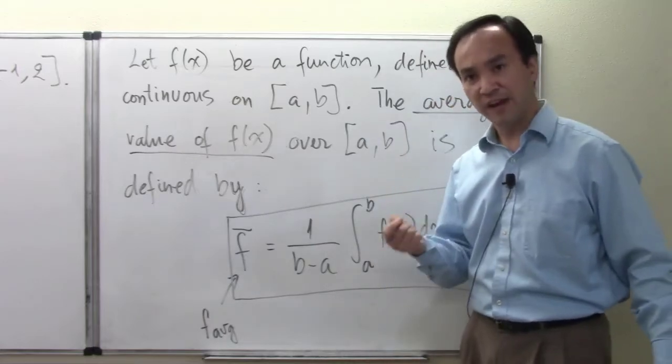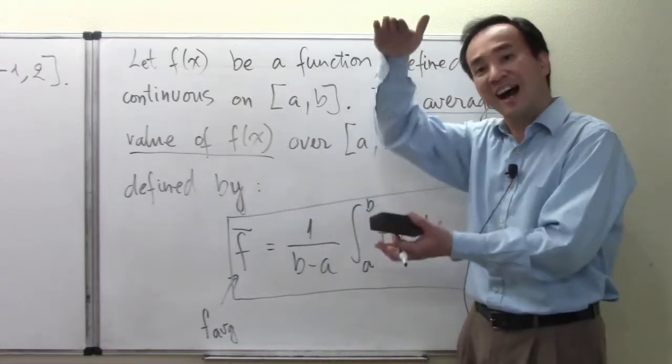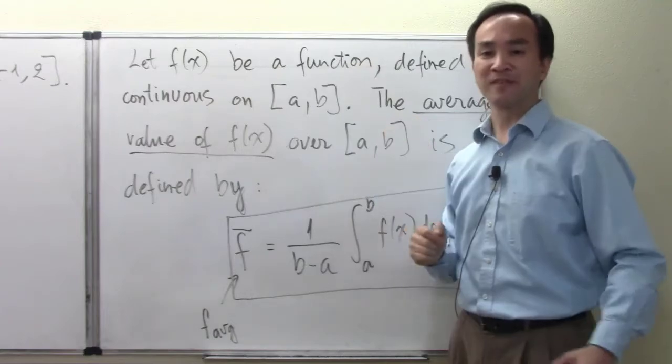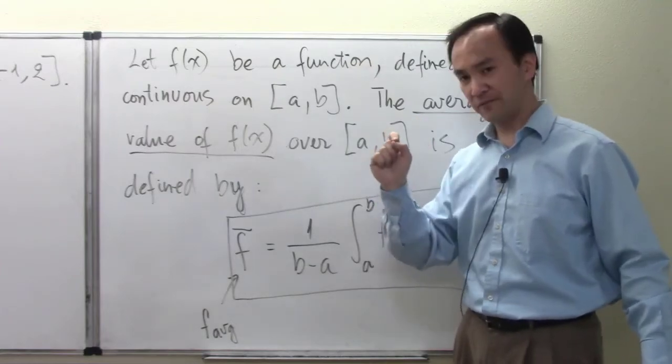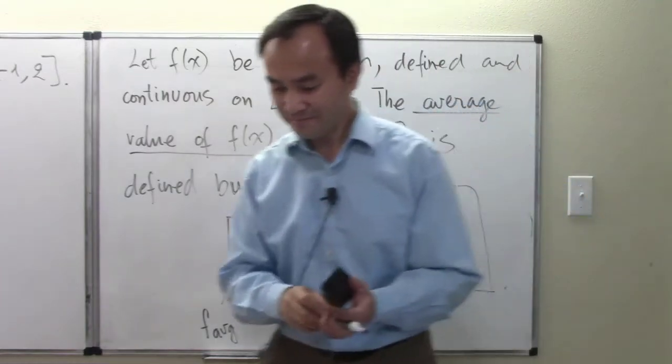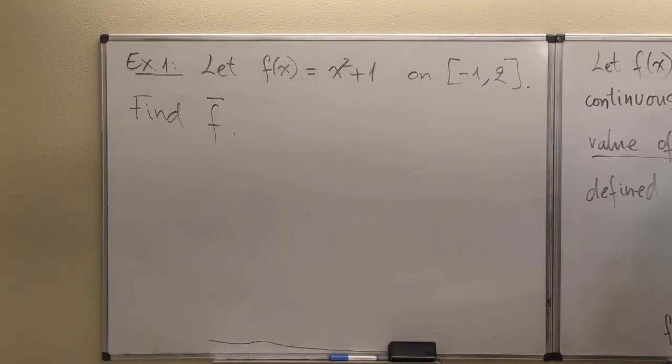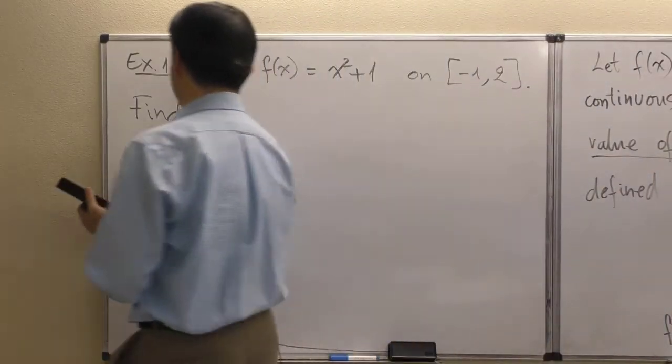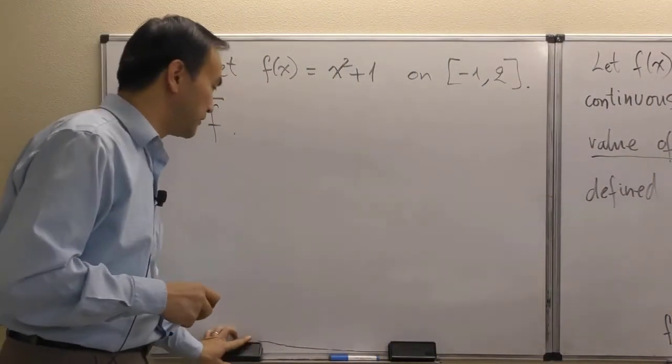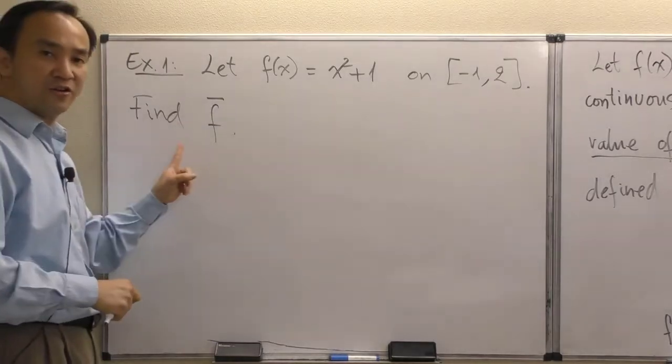I was talking about the height, right? A specific height. It's not going to be a variable expression. So finding f bar is, verbally speaking, finding the average value of our function f.